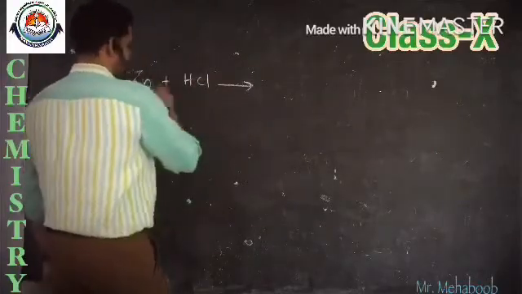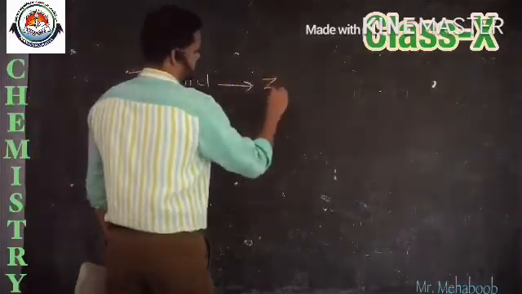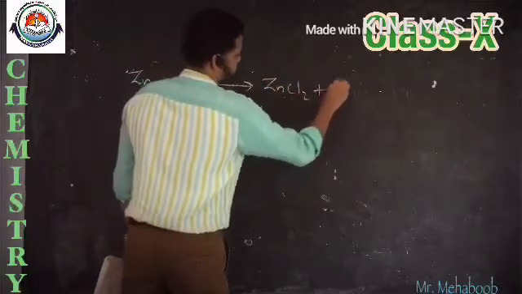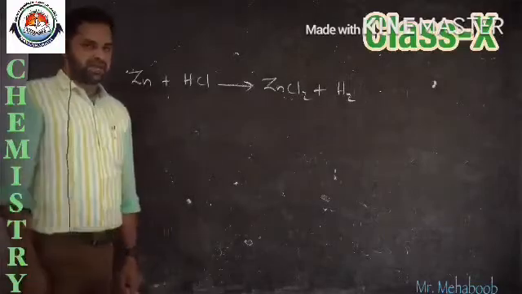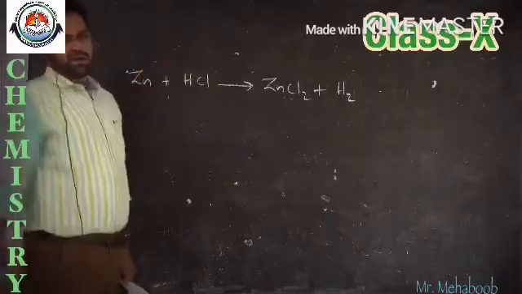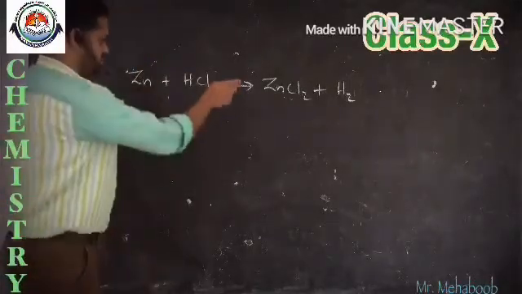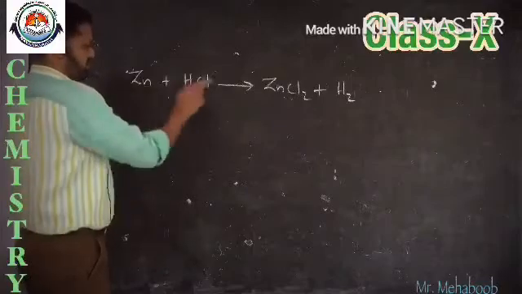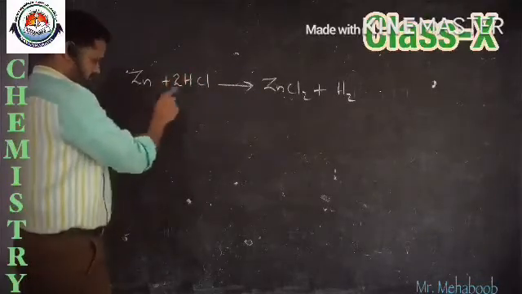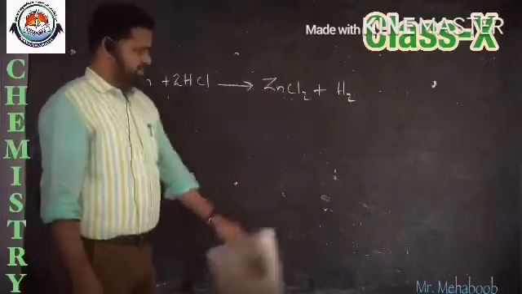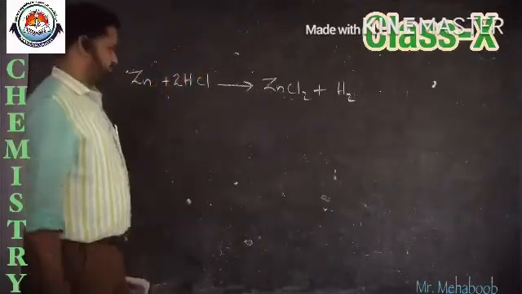Hydrogen gas. So zinc plus HCl gives zinc chloride plus H2. Metals react with acid to form metal salt plus hydrogen gas. This is not a balanced equation. With 1 zinc, Zn plus 2HCl gives ZnCl2 plus H2. This is a balanced equation.